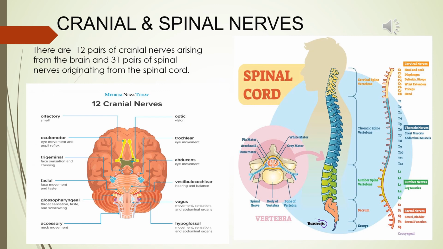From L1 to L5, L stands for lumbar nerves, that is the lumbar portion, after the back portion. Next, from S1 to S5, that is sacral nerves. And the last one, that is coccyx nerve. So here, if you count from 1 to 8, again from 1 to 12, like this you count, 31 is coming, and every one is in a pair, so 31 pairs of spinal nerves.